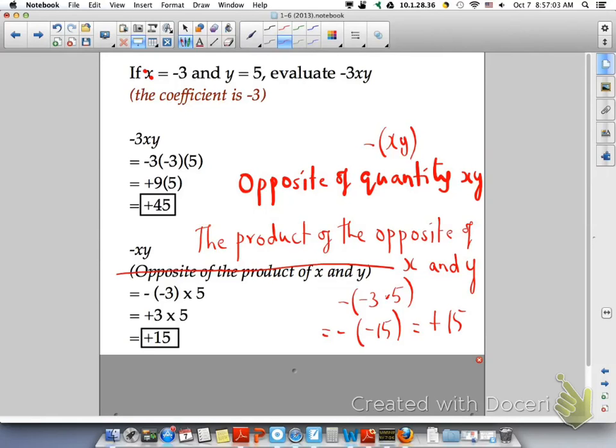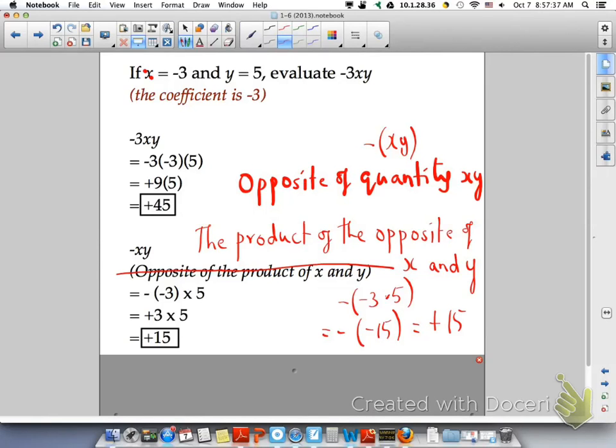Can you think of a counterexample? If it was positive 3, it would be negative either way, because positive times positive is positive, then you change that into a negative. The other one is negative times a positive, which is also negative.